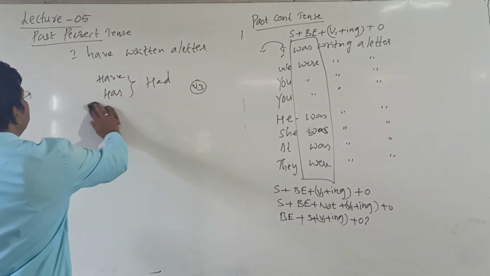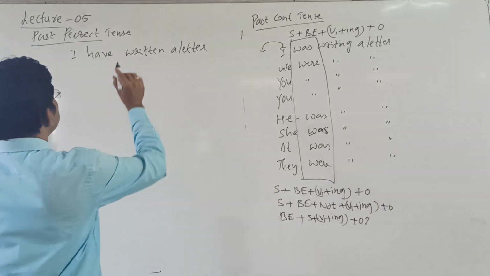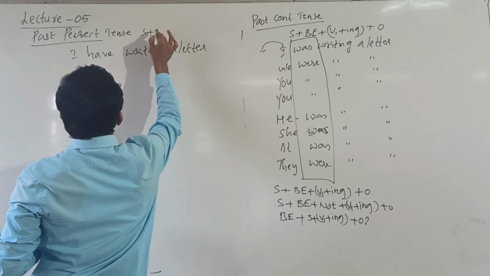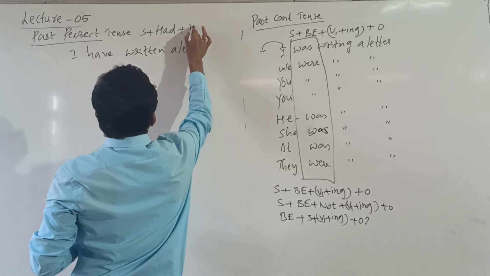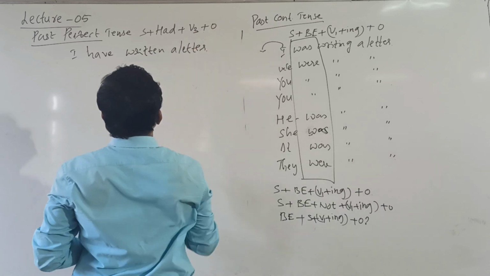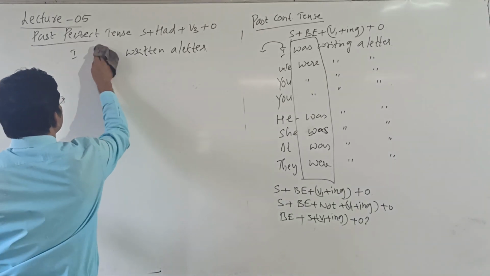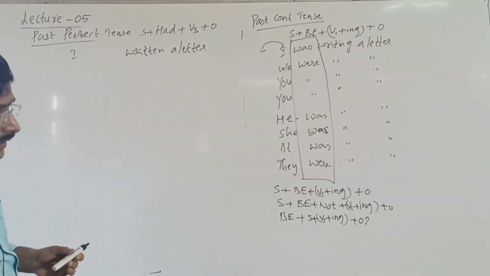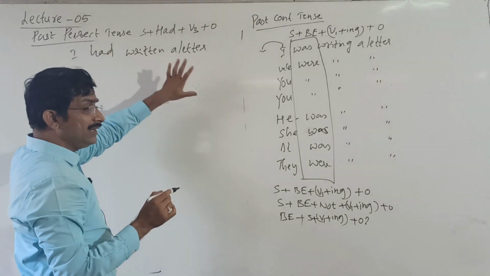Now, what is the structure of past perfect tense? The structure of past perfect tense is subject plus had plus V3 plus object. Here, I had written a letter.